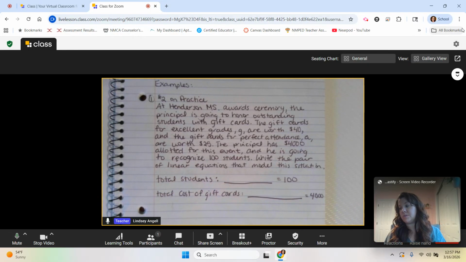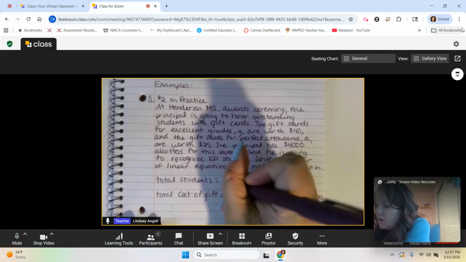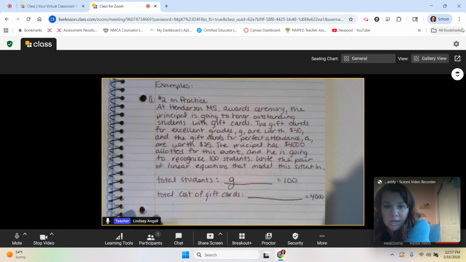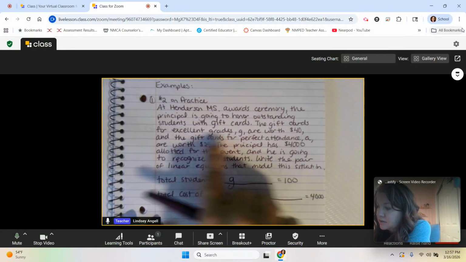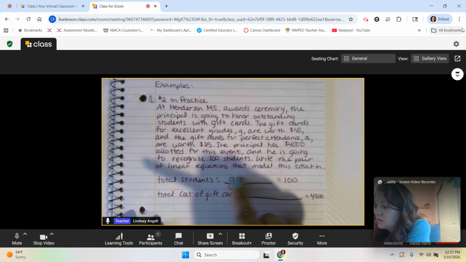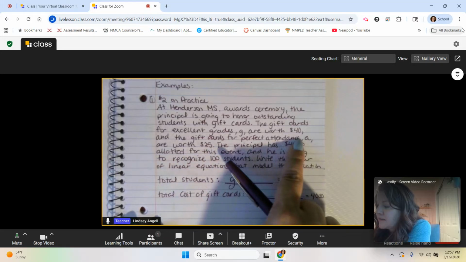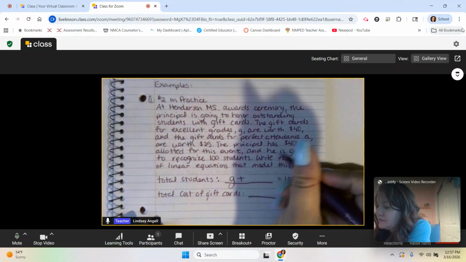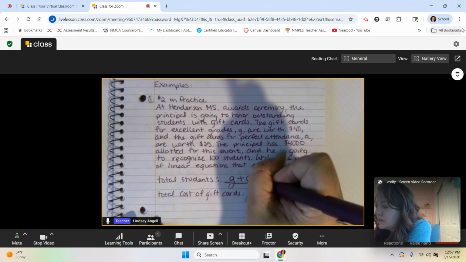But what we can do to make up the total of 100 of them, we can say, okay, there is a certain number of students that are going to get gift cards for excellent grades. That's the G, right? And there are other students who are getting gift cards for perfect attendance, A. So G for grades, A for attendance, right?